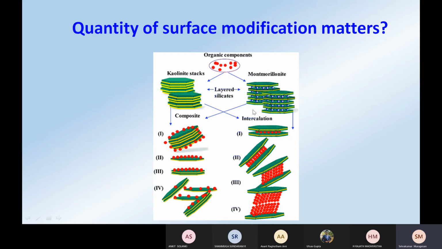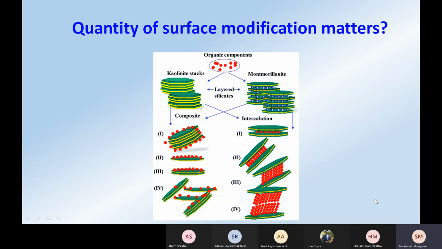For example, you see clay layers, and then they introduce some organic molecules, which are red color. If they introduce organic molecules like very large chains or some sort of larger molecules, you can see how much the clay layer spacing is increased. Once the distance between the layers is increased significantly, then you take these polymers for the preparation of nanocomposite.